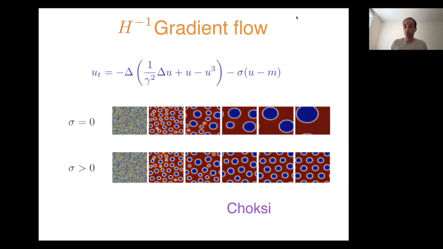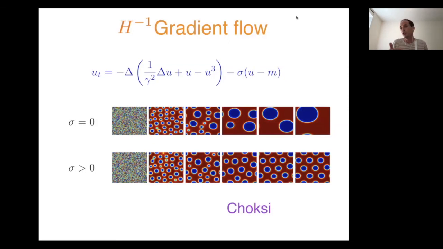And what I'm trying to show you here is the difference between what happens when sigma is 0. Sigma 0 means there are no non-local effects, and then it's really the Cahn-Hilliard energy. There it has already been known for a long time what happens when sigma is 0 and you start with basically random initial data: quickly A and B separate.